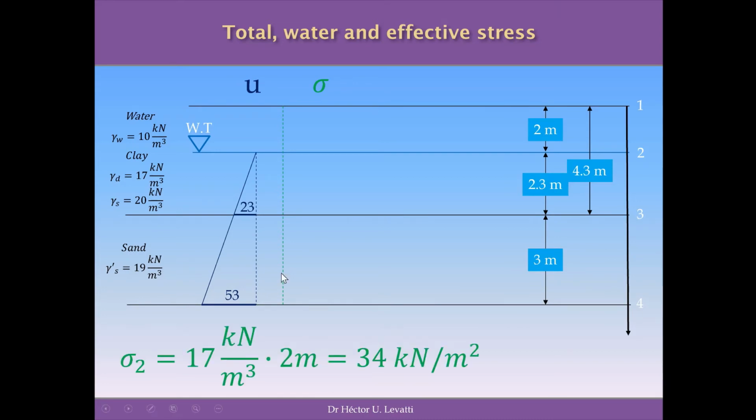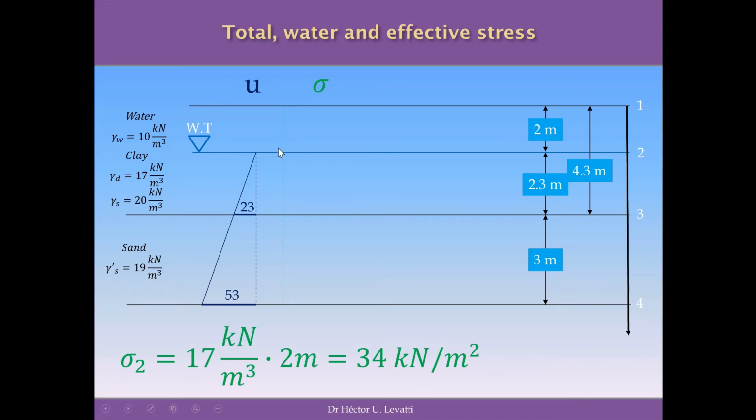The second point to be analyzed is point 2, which is in correspondence with the water table, so we are exactly here. On top of this point we have a column of, let's say, dry clay, because we are not considering the capillary effects here. We believe that there is no capillary effect, so the clay will be dry. To determine this pressure we are going to use this dry specific weight of 17 kilonewton per cubic meter.